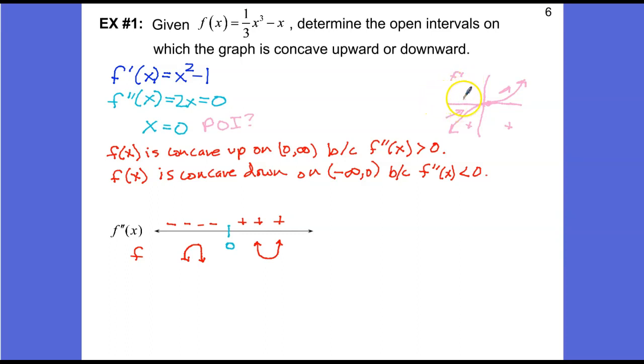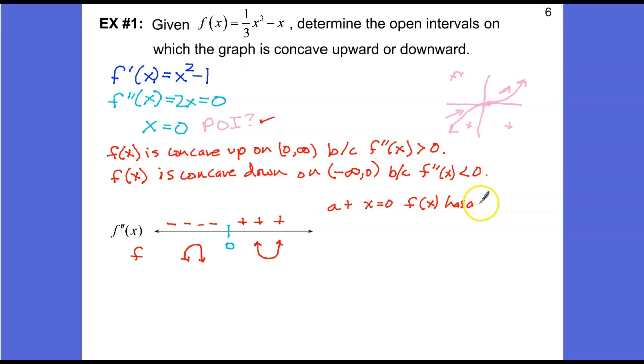It might be a point of inflection for the first derivative, but that's not what we're asking. All we have to do is look at our sign chart, and here we see that we do in fact have different signs on either side of 0, and that is enough for us to conclude that yes, this is a point of inflection.